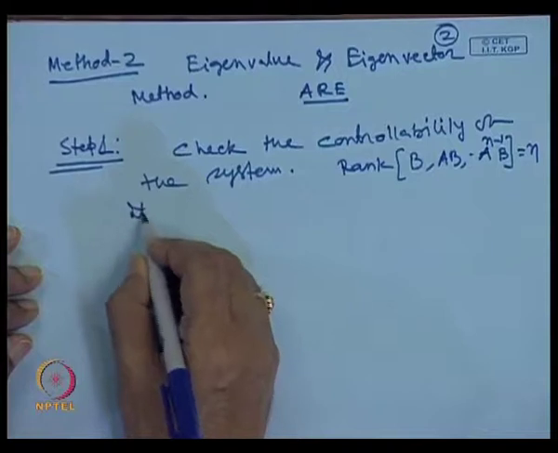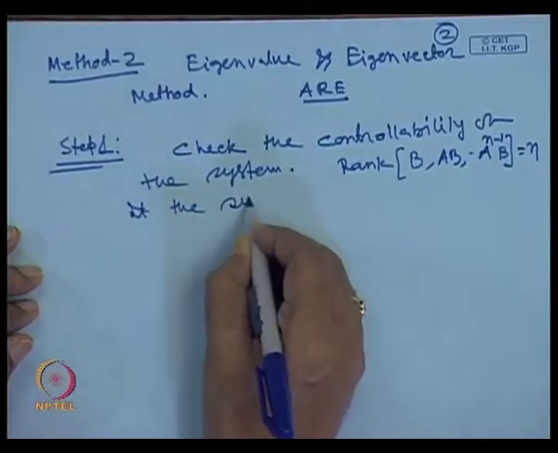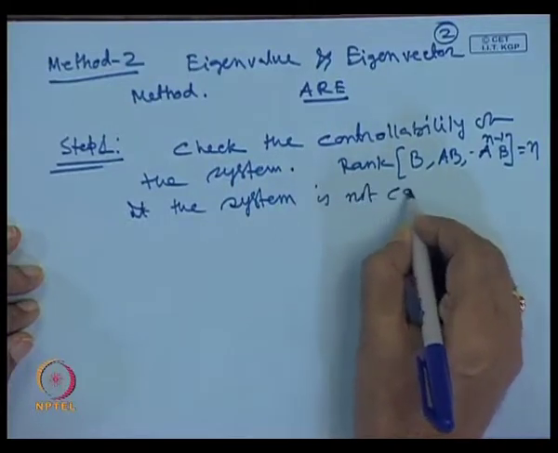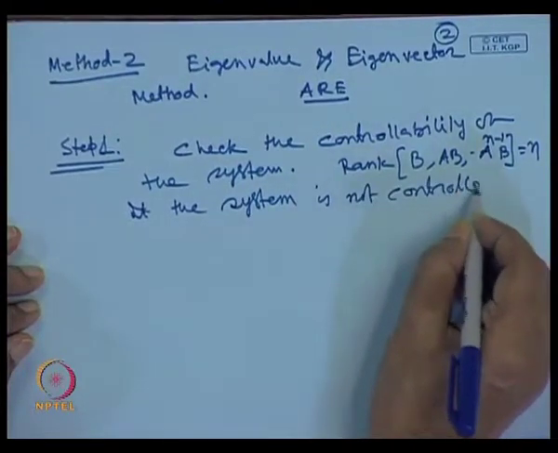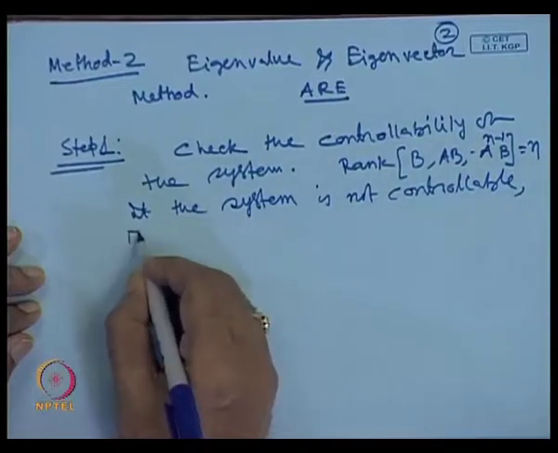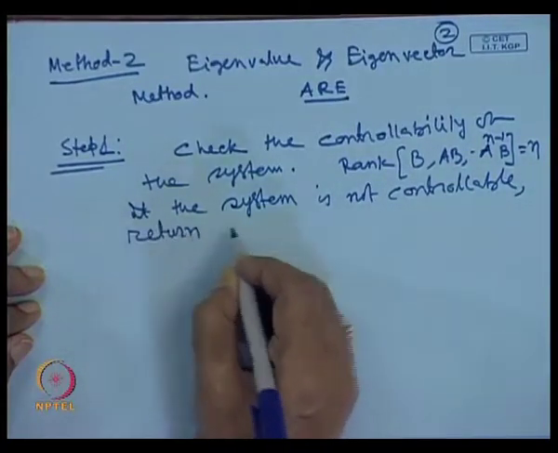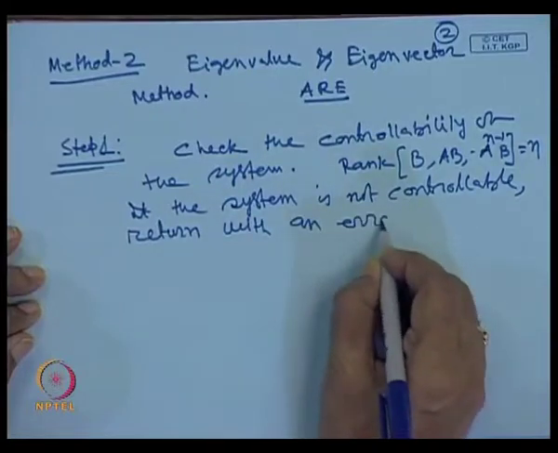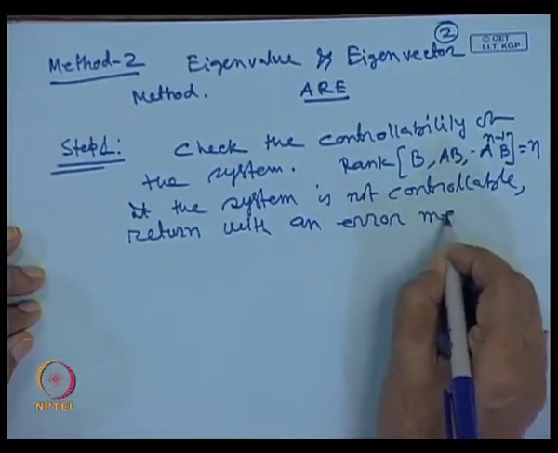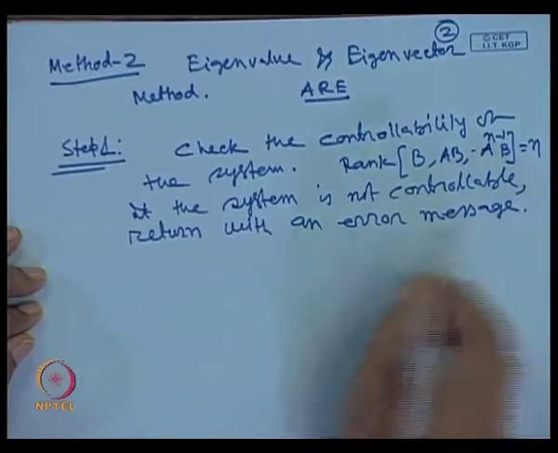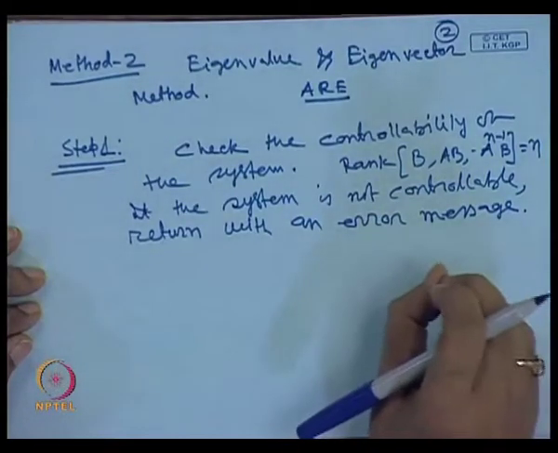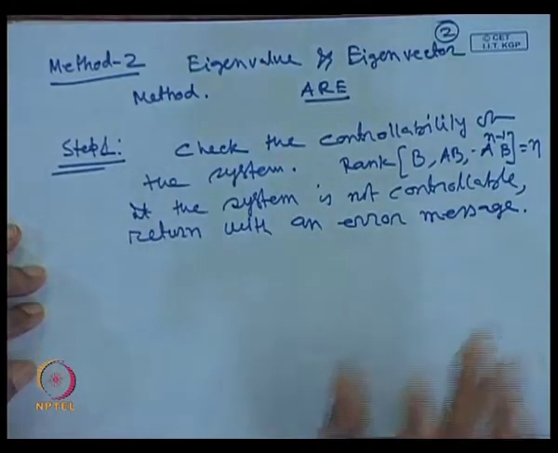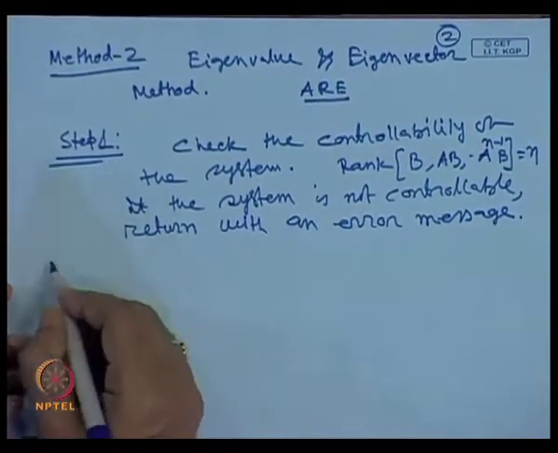If the system is not controllable, return with an error message saying that we will not be able to design an LQR controller for this system.